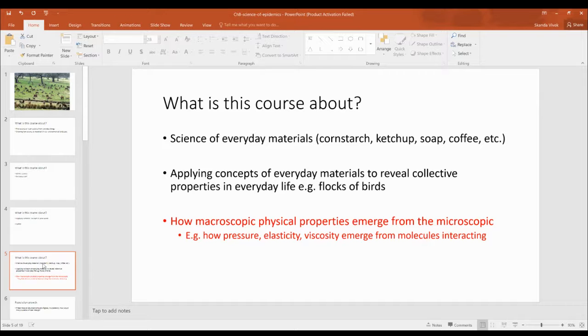If you have birds moving collectively together, they're more like one phase, like a liquid or solid. But if they're dispersed and not moving collectively, they're like a gas. And another thing that we learned is that macroscopic physical properties like pressure and elasticity can basically emerge from how atoms interact with each other.